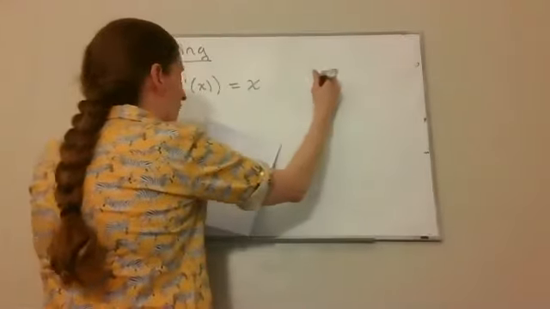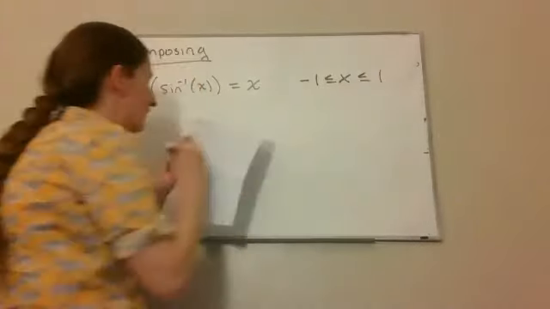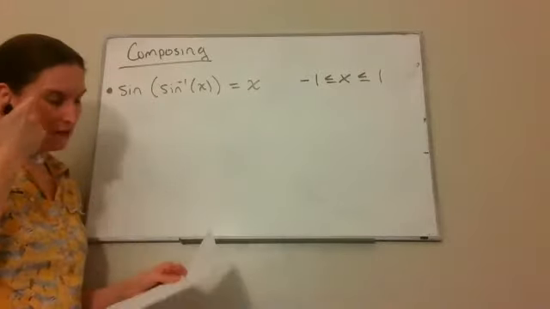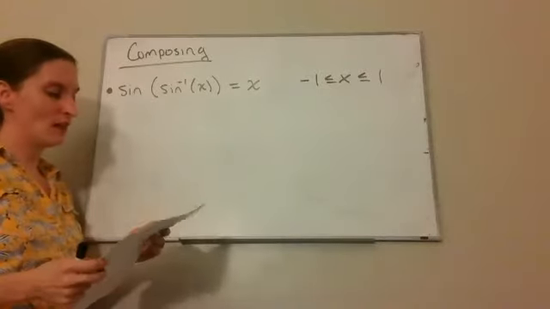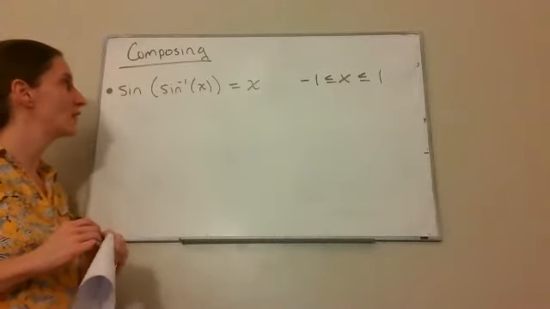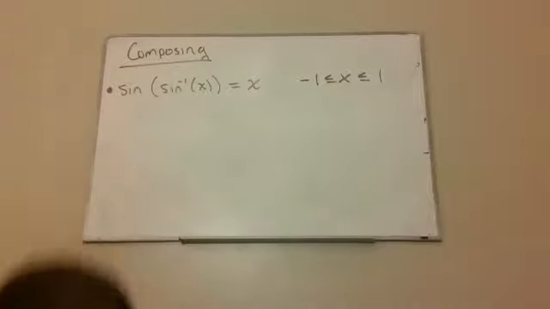But of course, this is only true for values that are in the domain of our functions. So for -1 less than or equal to x less than or equal to 1, I will have sine of sine inverse of x equals x.